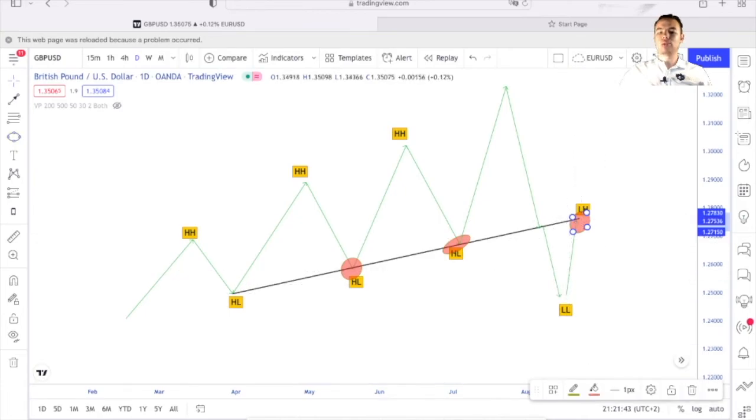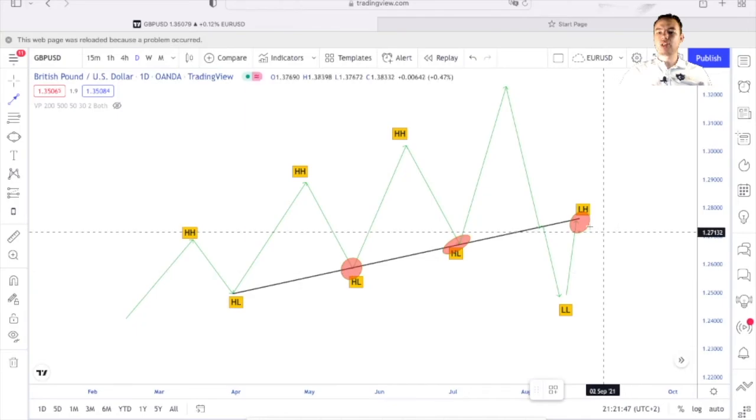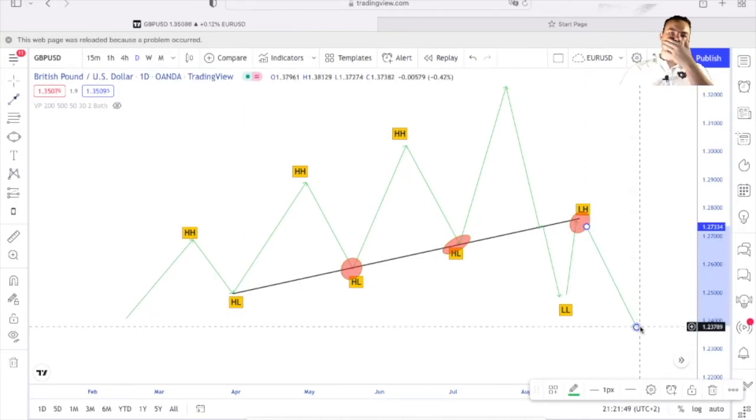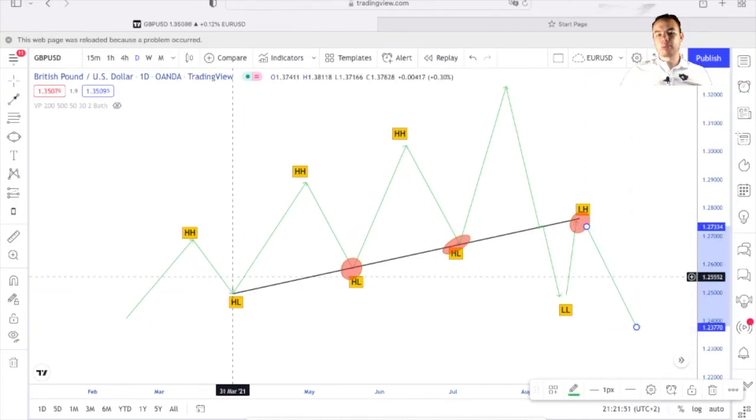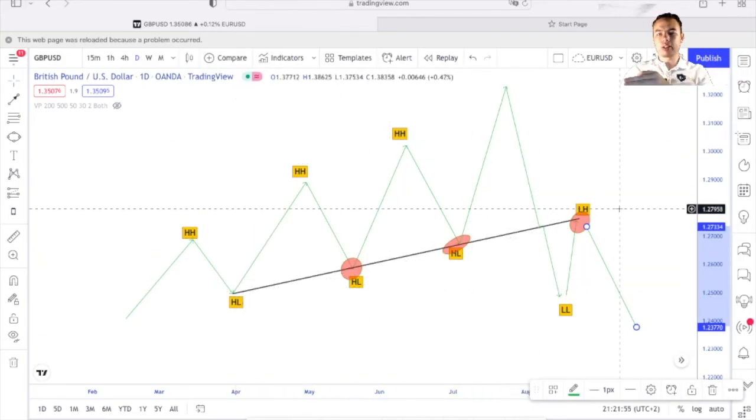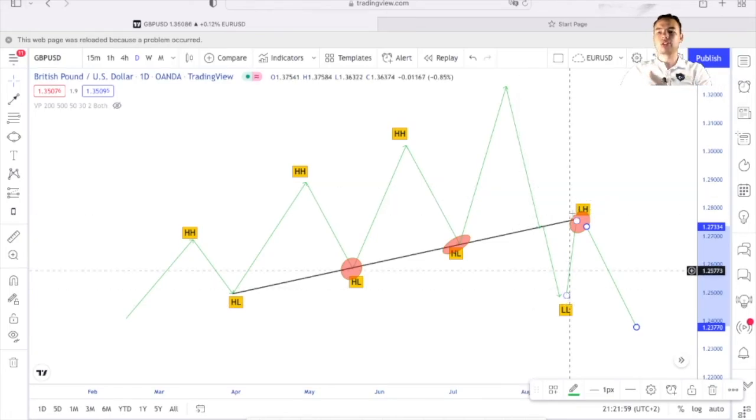That's where you need to sell, because now it changed from an uptrend to a downtrend. Remember it broke the market structure and it broke your ascending trend line. Your ascending trend line is meant to go up, but now it's broken, so it needs to go down. That is an ascending trend line.